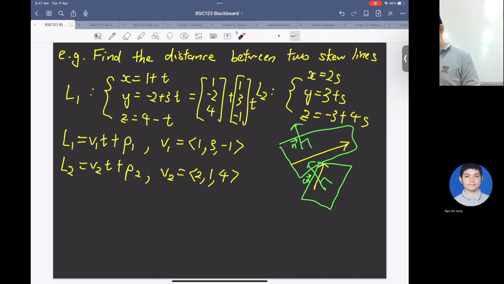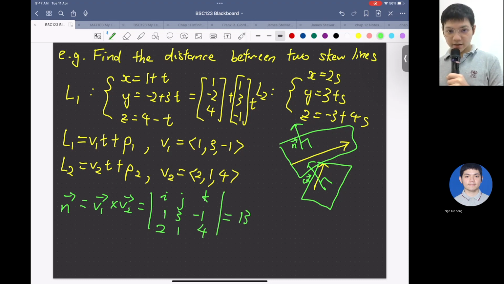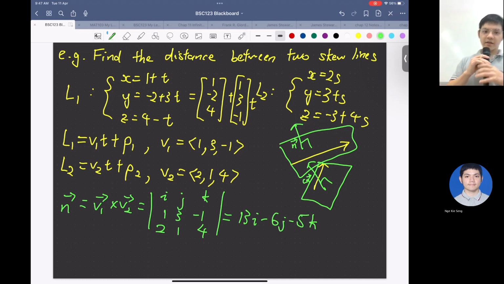So what's our strategy just now? We take these two vectors and get our cross product to get our normal vector. Let's cross it. What do you have? Does everyone get this answer? 13i minus 6j minus 5k.